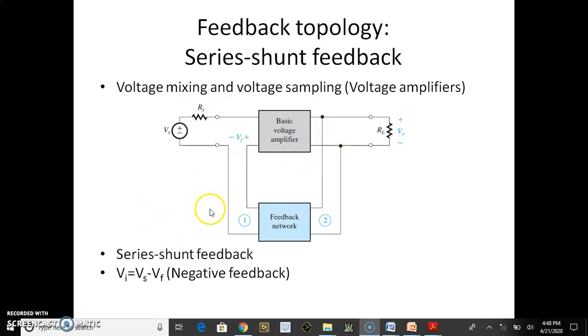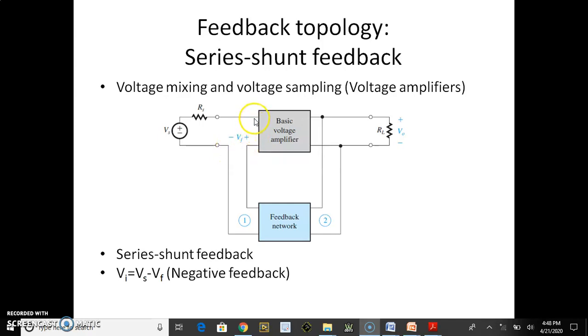And how do we say that this is negative feedback? The input to this amplifier is measured here, this is Vin. If you write a KVL for this, the applied source voltage VS is actually Vin plus VF, that is the feedback voltage.